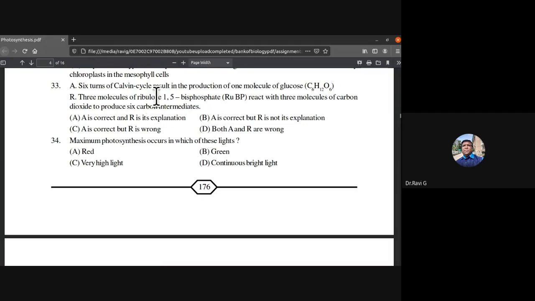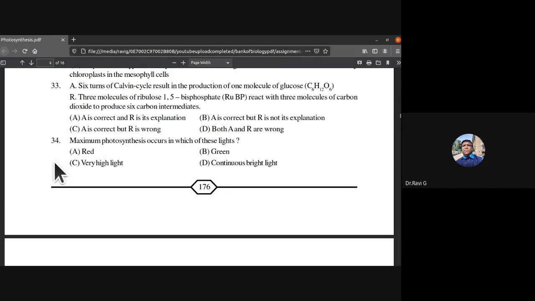So which is the right answer here? Statement question. A is correct. As A is correct, R is wrong, isn't it? A is correct, but R is wrong. So C is the answer for 33rd.